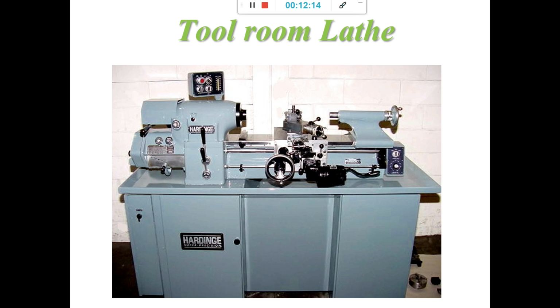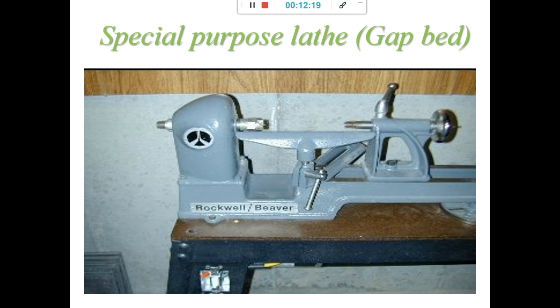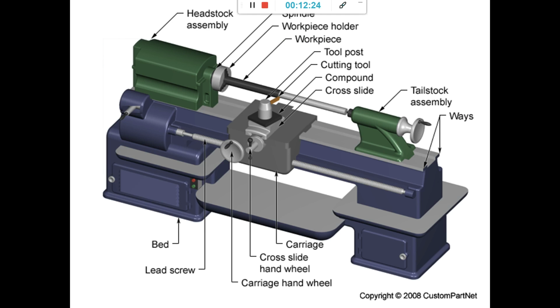Now this is a tool room lathe diagram. This is a special purpose lathe or gap bed lathe. Now here also a schematic diagram is given, where you can see in this 3D figure there is a spindle, work holder, workpiece, cutting tool, compound rest, cross slide, tailstock assembly.